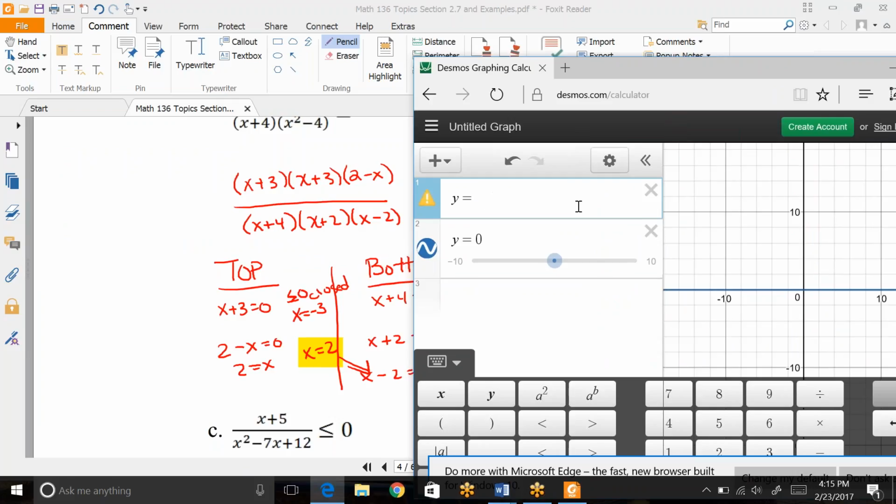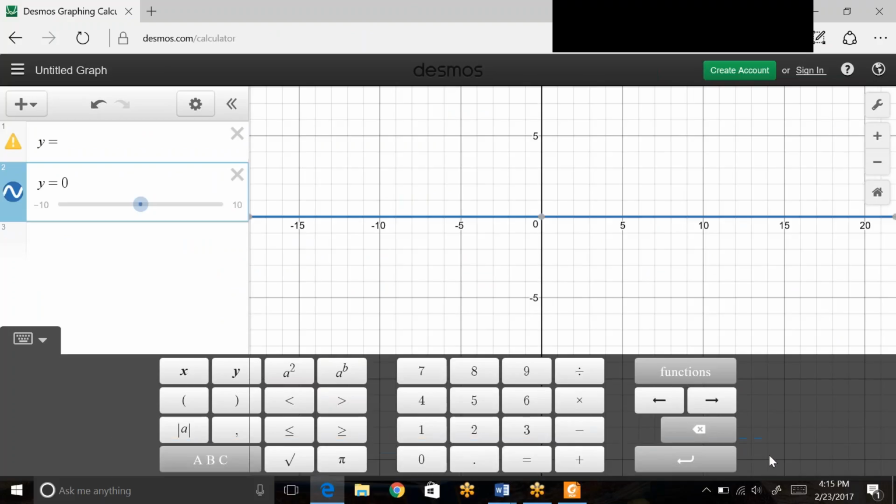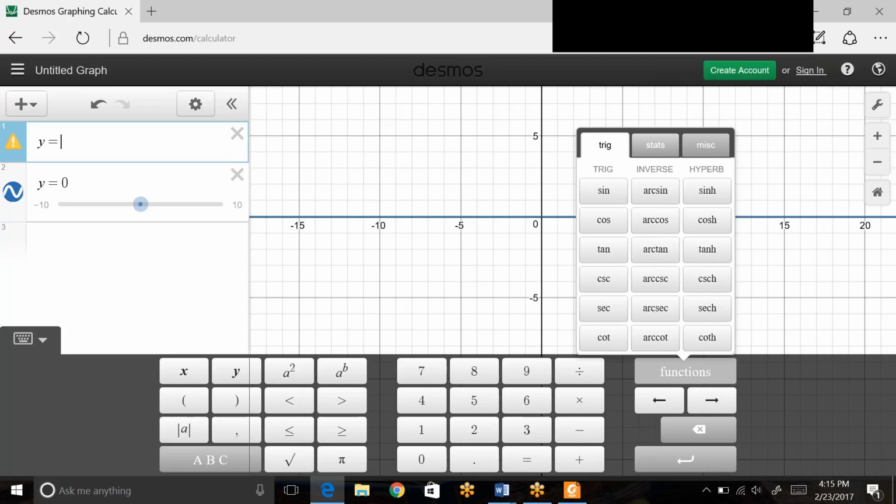I'm going to need to create a fraction first. So notice that in Desmos you do have some symbol notations. And we want a fraction bar. Oh, I don't have that here, but I think I can still create it by using the slash key.